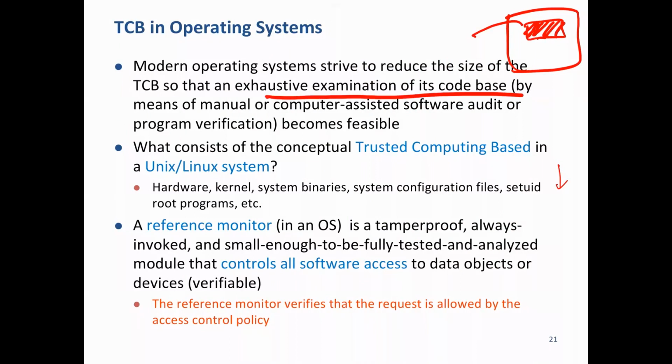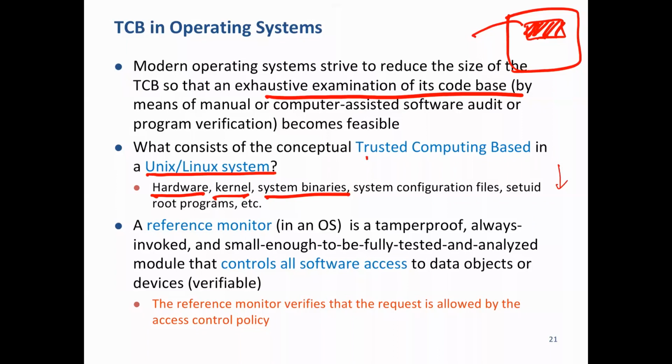So consider, for example, a Linux system. What is part of the TCB for a system based on Linux? It could be hardware. Hardware has to be absolutely trusted. Then the kernel, a part of the OS, system binaries that we are using, for example, for booting up and so on, that cannot have any kind of malware, right?